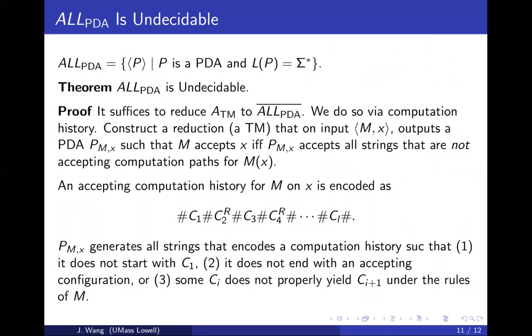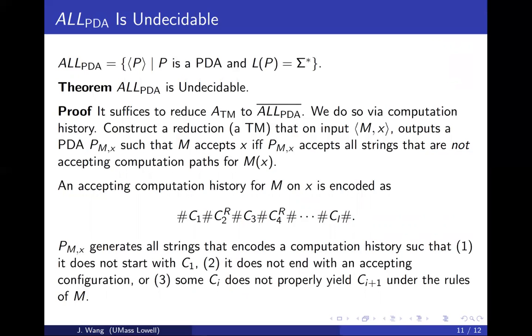Next, we're going to see a new language called OR sub PDA, which is a set of encodings of PDAs, pushdown automata, where this pushdown automaton accepts all strings except sigma star. And this is not decidable.